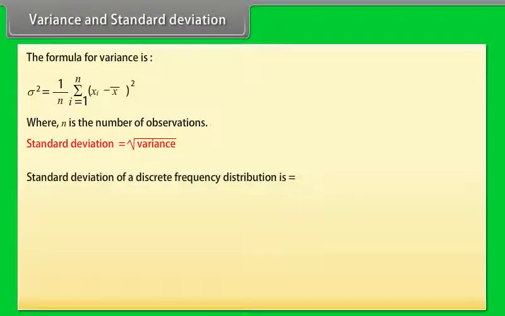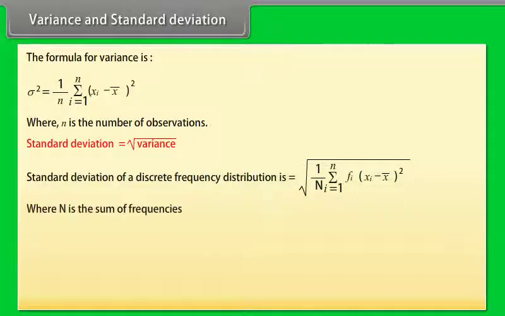Standard deviation of a discrete frequency distribution is the square root of the summation from i equal to 1 to n of the product of the frequency fi and the squared difference between xi and the mean x bar, divided by capital N, where N is the sum of frequencies.